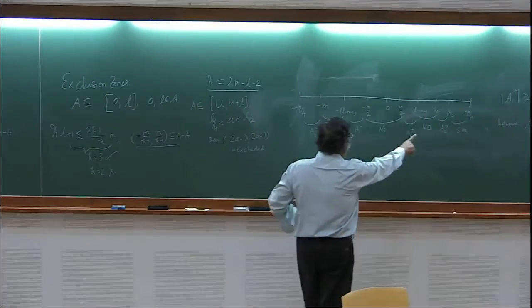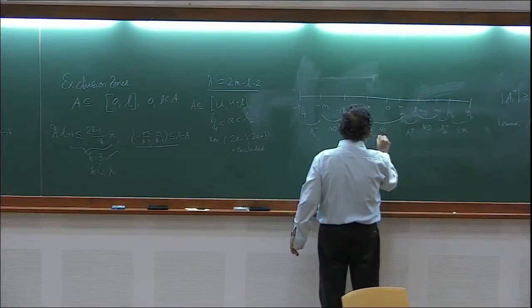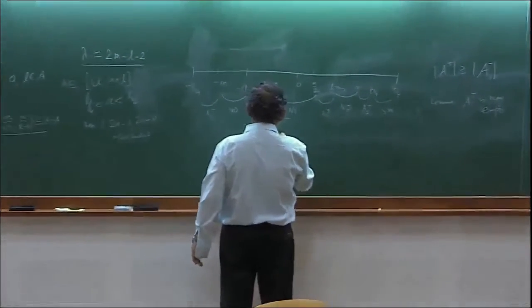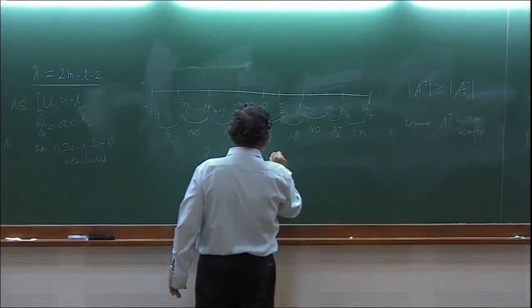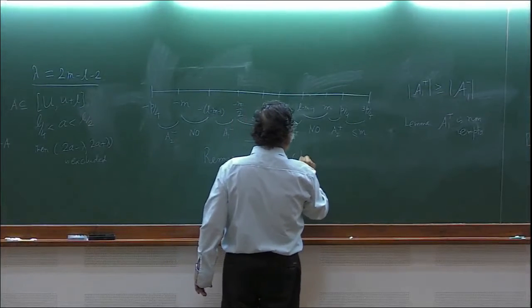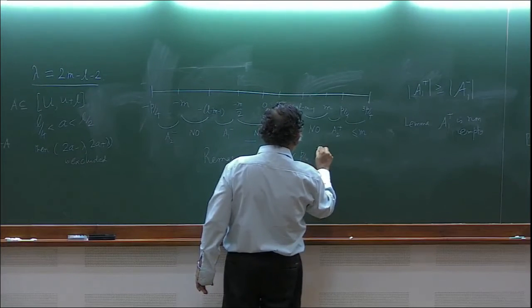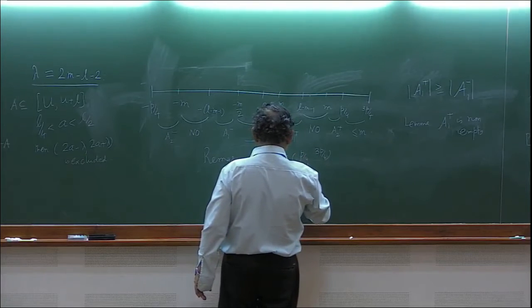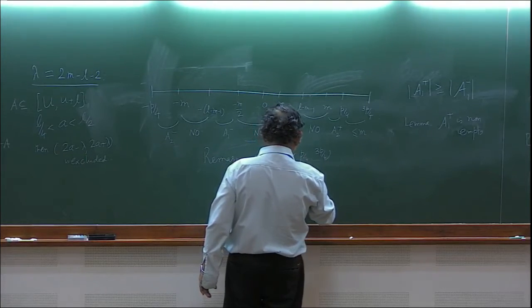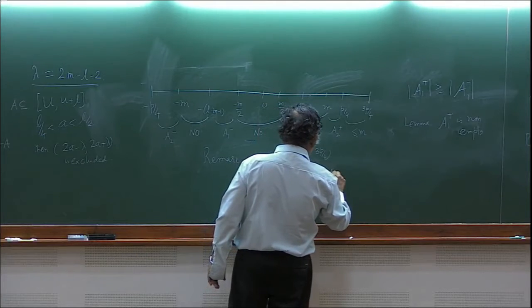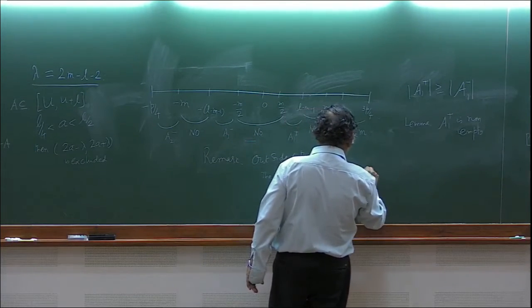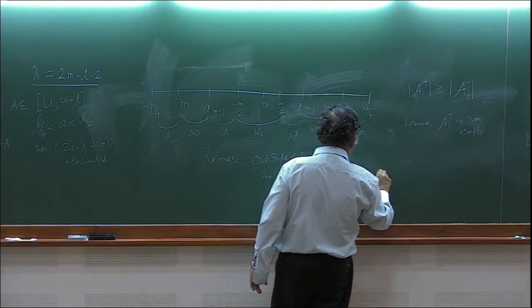From here we have one remark, which is what I need. Outside P by 4 to 3 by 4, the elements are A1 plus, union A2 plus, union A1 minus, union A2 minus.